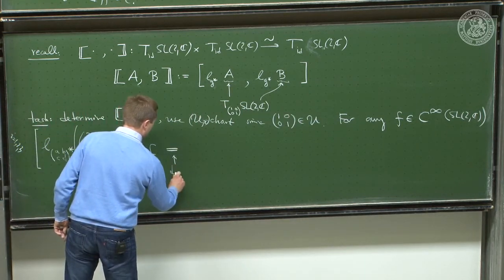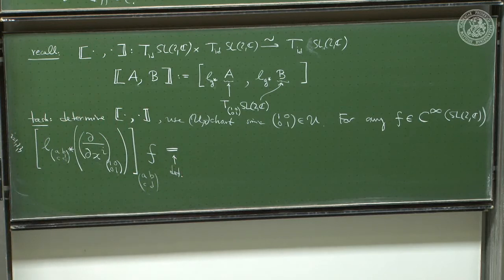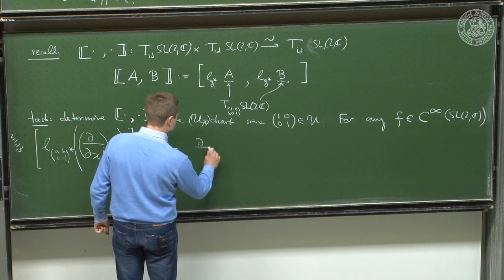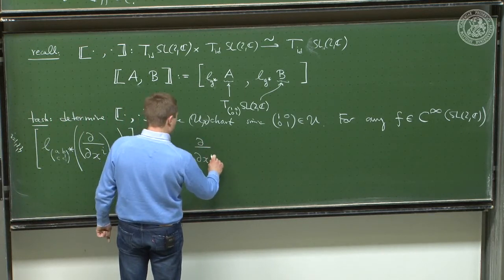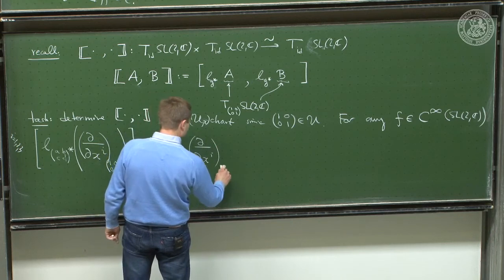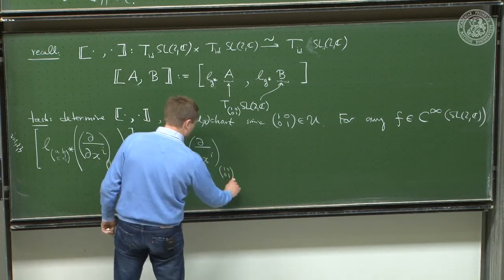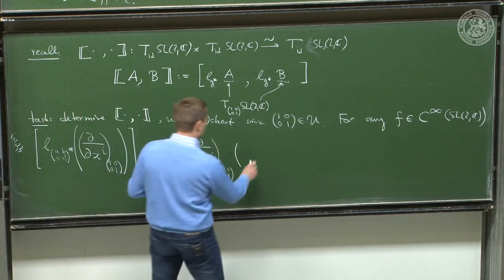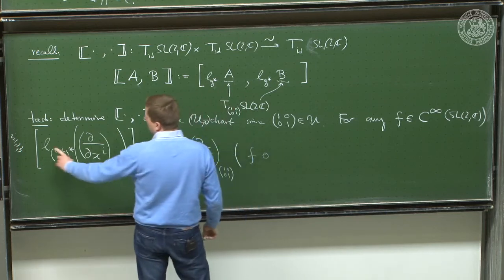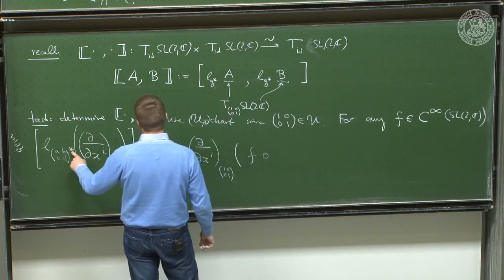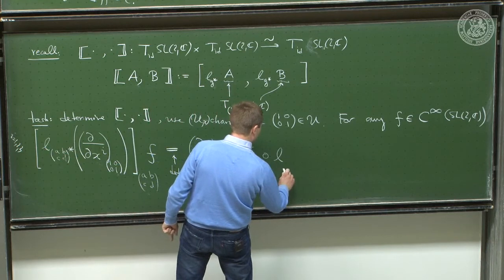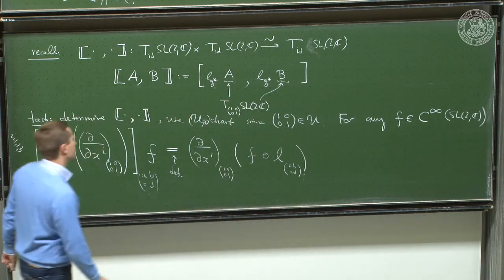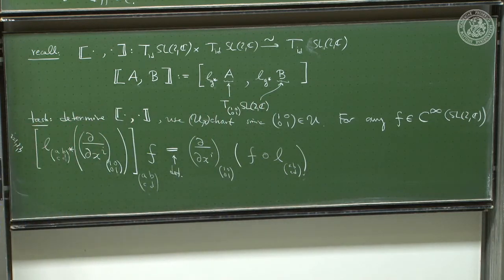Now we apply our definition. The push forward of a vector is the vector d by dxi at (1, 0, 0, 1), acting on f after the smooth map underlying the push forward. That's the map L sub (A, B, C, D), without the star. That's the definition of the push forward.